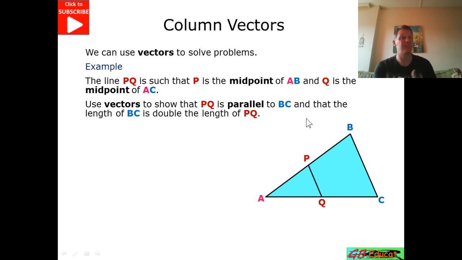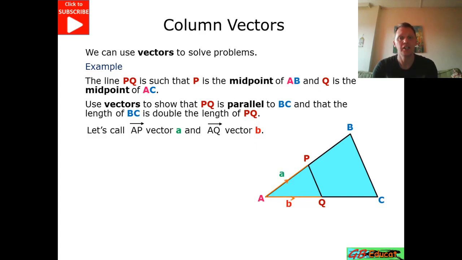So I'm going to be using a bit of a proof for this. I'm going to call my vector from A to P, a, and from A to Q, b. And I'm going to be using these letters to solve the rest to prove this.